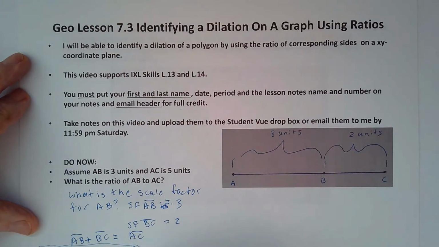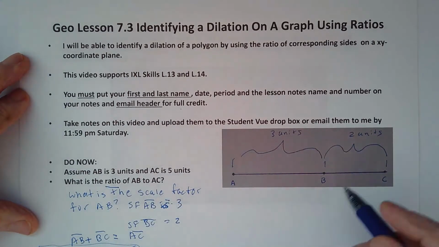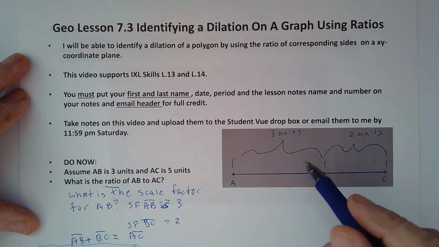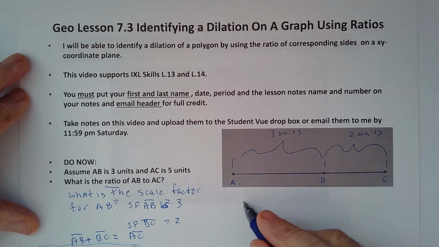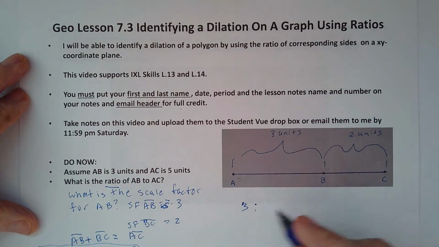So now that tells you what the scale factor is of AC, but we want to know what the ratio is. Okay, so we know that the distance from A to B is 3 units. We use its scale factor to come up with that, and that's 3 to the scale factor for AC, which is 5.